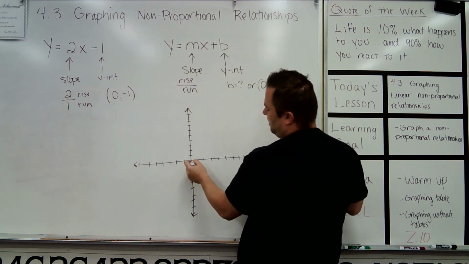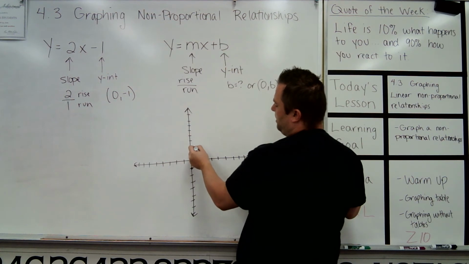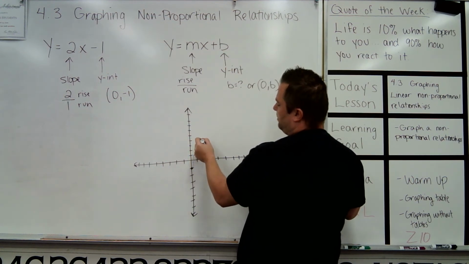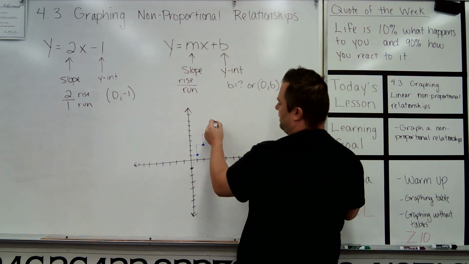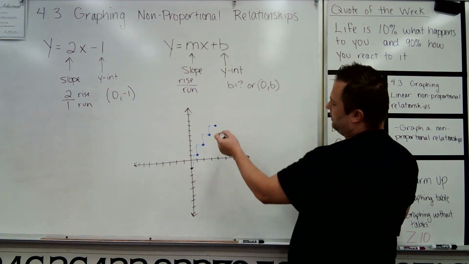So I'm going to climb up 2 over 1 and make another point. Up 2 over 1 to make another point, and again. You'll see how it starts to form a line.